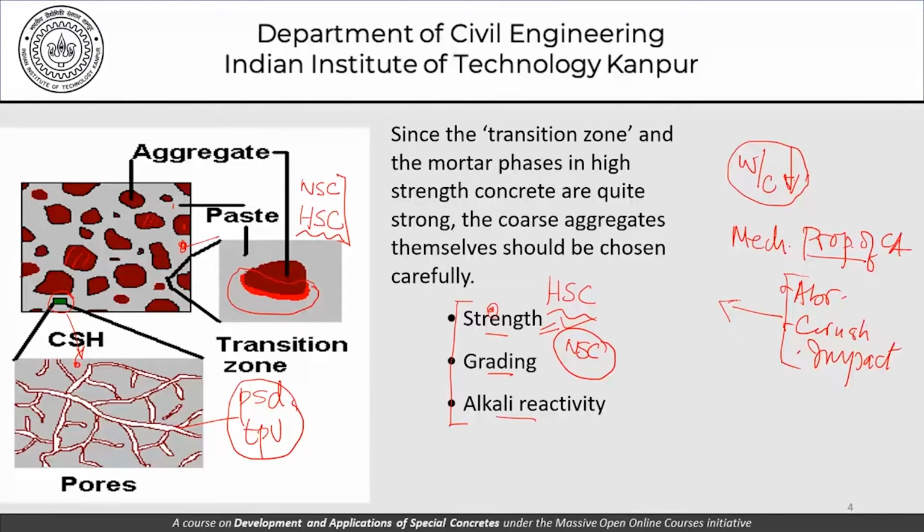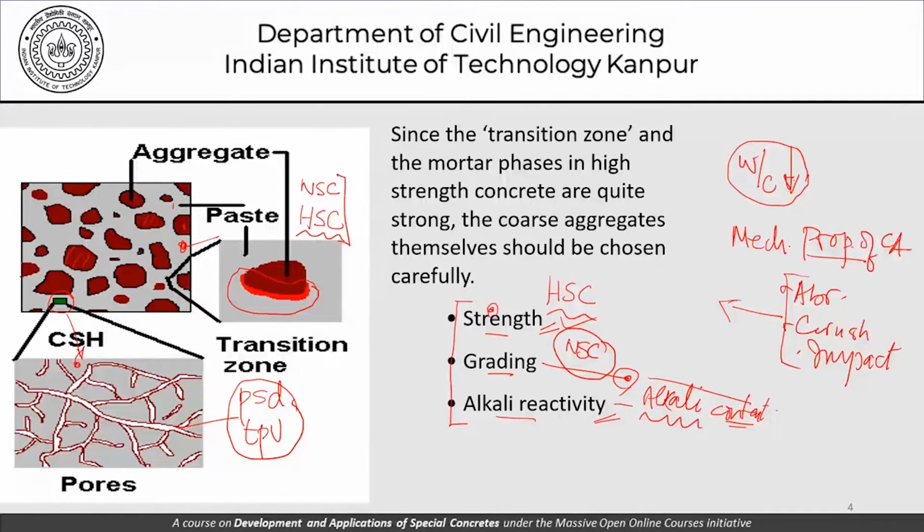The second part of the discussion is the grading. Because we are talking of high strength concrete, the grading of aggregates becomes a lot more important than it is in normal strength concrete. And similarly for alkali reactivity, because we are using a lot of cement, we'll end up increasing the alkali content in the concrete mix, and therefore we have to be very careful that the aggregates that we have are truly non-reactive.